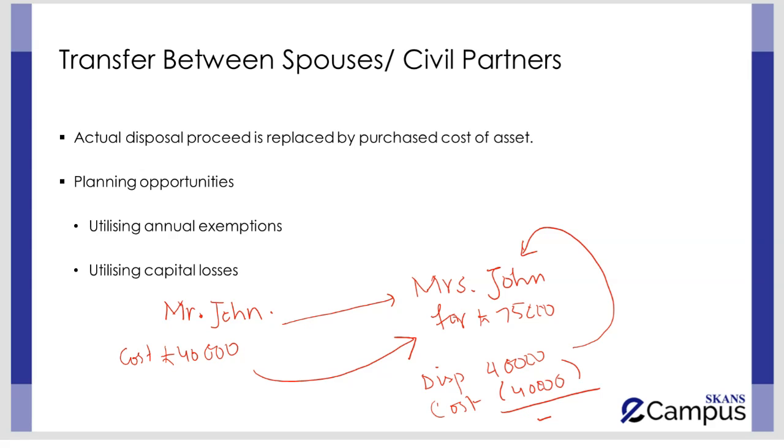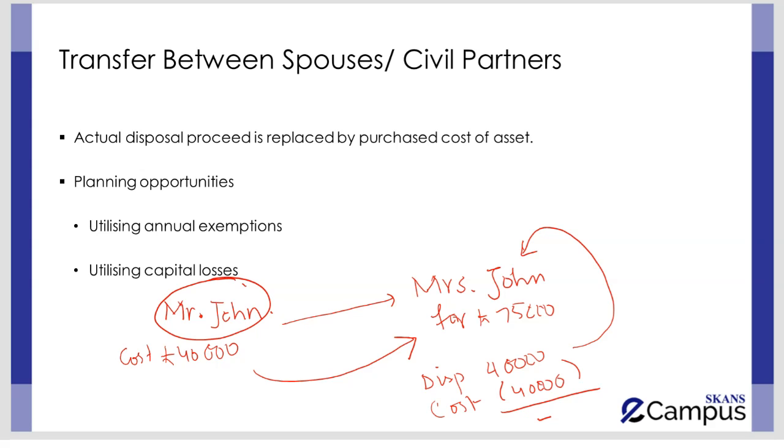So that would give the spouses some opportunities related to the reduction of capital gains tax. As in, if Mr. John has made other disposals in the tax year and he has already consumed his annual exemption amount of £12,000, while his spouse has not made any disposal, her annual exemption amount is still available.